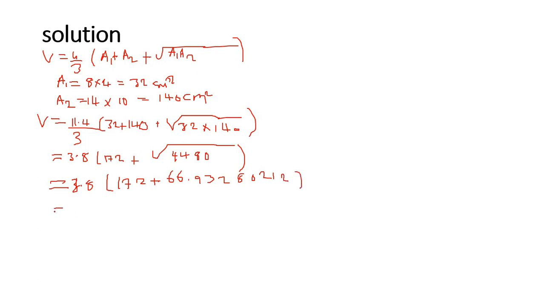Now finally, this changes into 3.8 times 238.9328, because by now you have found what is inside the brackets. Where is the 238 coming from? You have added 172 plus 66.93 and all those numbers.